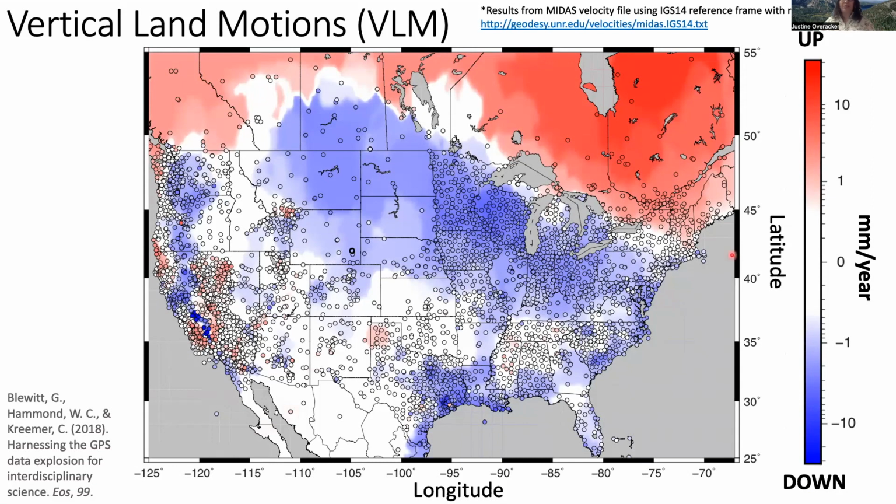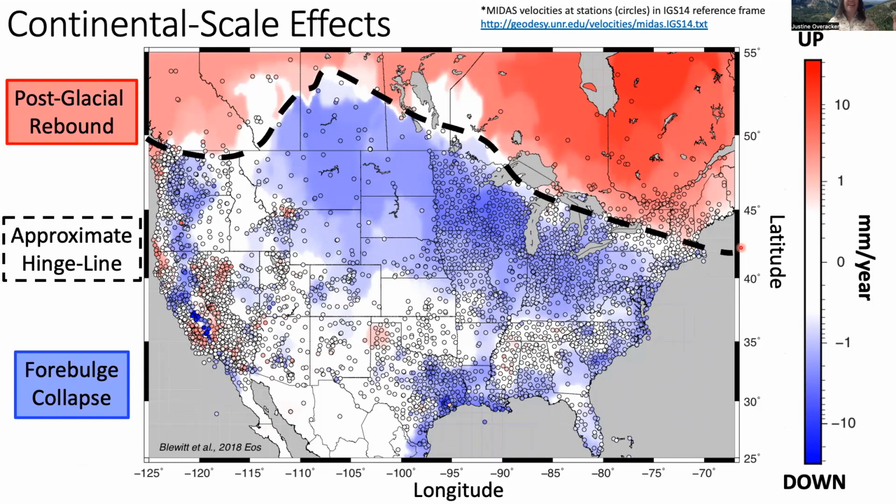And some of that work is summarized in this image of part of North America vertical land motion built from GPS data. So throughout this talk, red is going to be uplift, blue is subsidence. And some notable signals shown in this figure include continental scale effects, such as glacial isostatic adjustment or post-glacial rebound in Canada, and the crust compensating for that GIA by flexing downward to the south, especially in northern latitudes, which is a process called forebulge collapse.